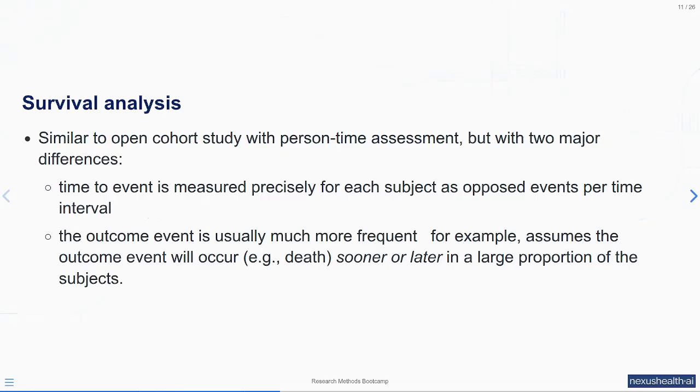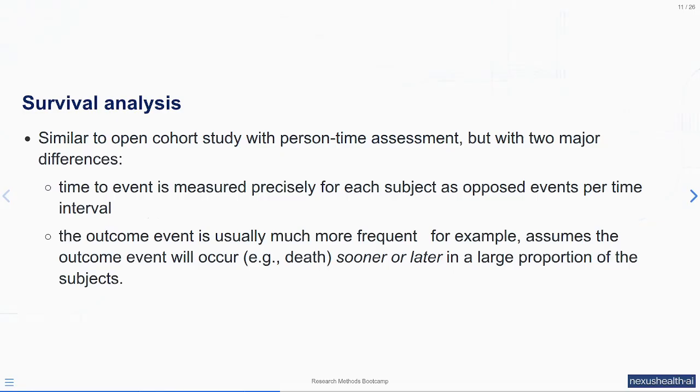And the outcome event is usually more frequent. For example, it assumes that the outcome event will occur sooner or later in a large proportion of the subjects. So the underlying assumption is that, given a long enough time, all of the population or almost all of the population is going to experience that outcome event.